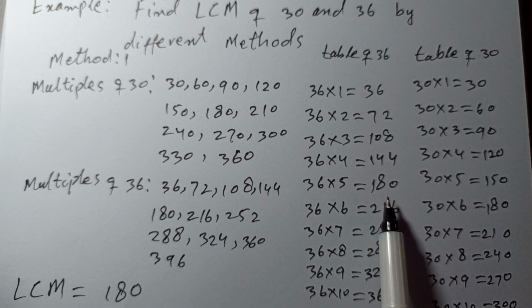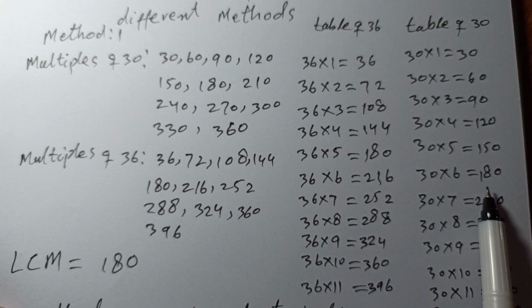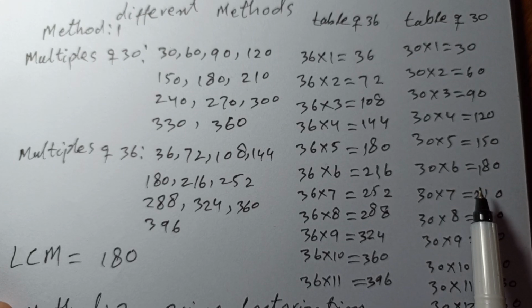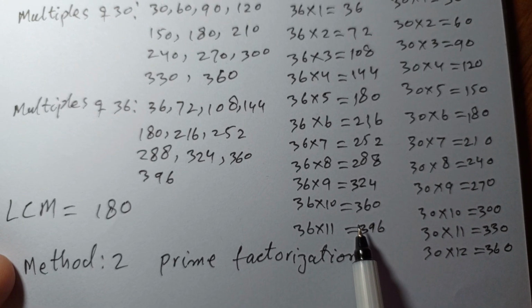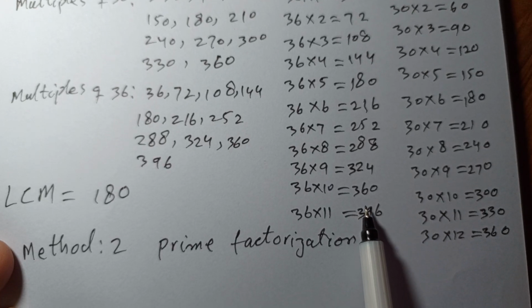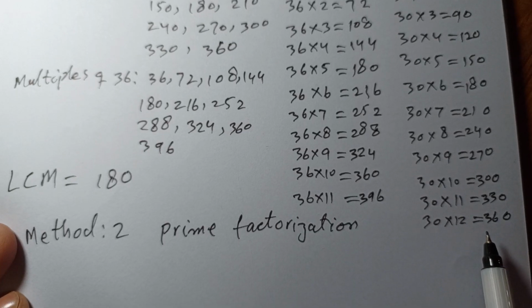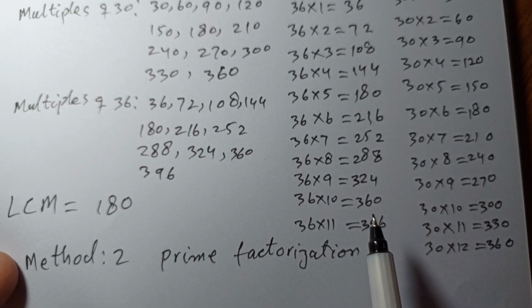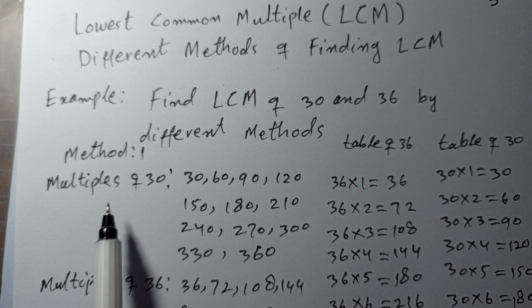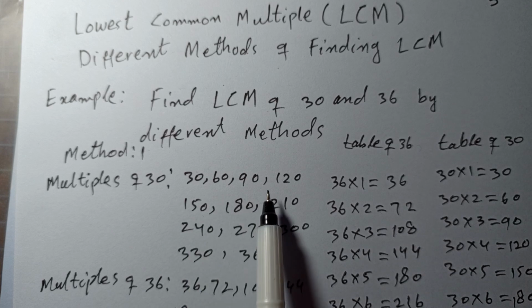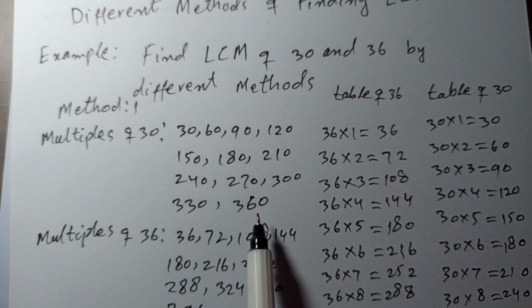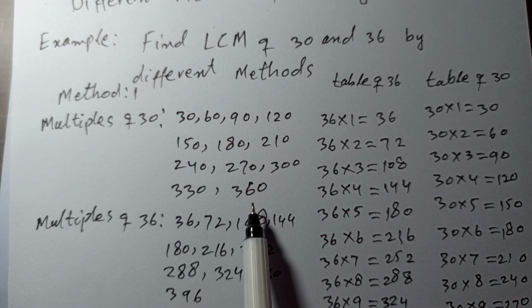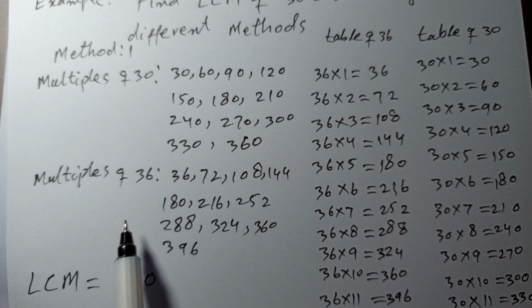Now we look for common numbers in both. 180 is common in the table of 36 and it is also common in the table of 30, and then you can see that 360 is common in 36 as well as in the table of 30. Now I have written here the multiples of 30 and the multiples of 36.